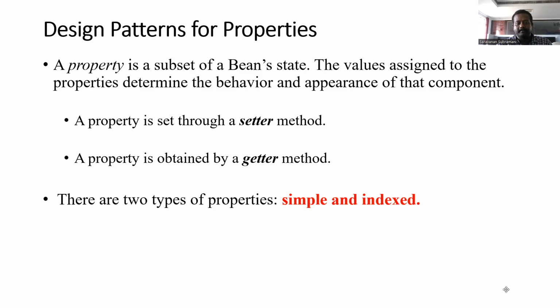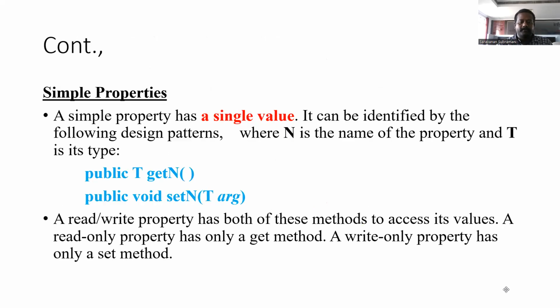There are two different types of properties available here, simple and indexed. A simple property has a single value.